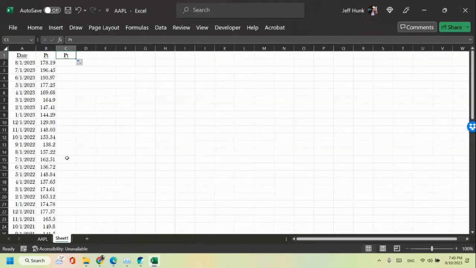I mean, the reason we've done all this is to find return. So I will put the label RT here, return at time T, right?